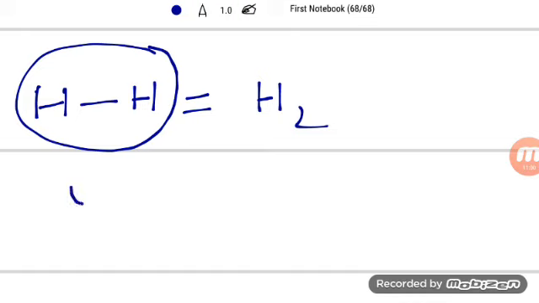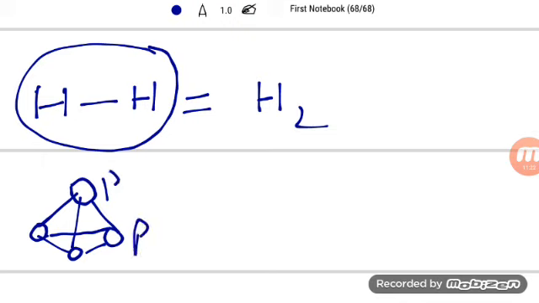Likewise, we have phosphorus. The structure you can see over there in your book. For phosphorus, the 4 phosphorus atoms come together and get joined in this fashion. So I'm drawing the atoms of phosphorus. So 4 atoms of phosphorus have joined together. It is also P, that is phosphorus atom. So how many phosphorus atoms are there? 4.